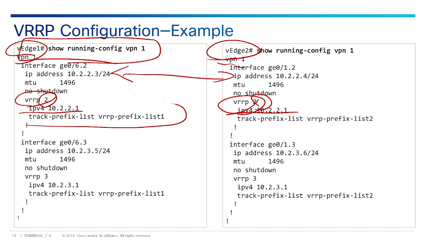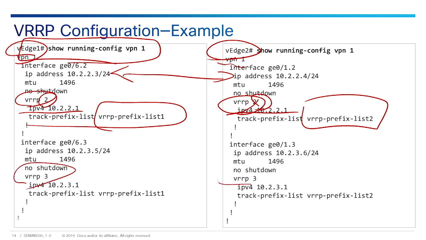We're both tracking this prefix list. Okay? And I don't see the prefix list in the config here. They didn't grab it. Anyway. And obviously, we are also running another VRRP instance on another interface. So we've got two separate interfaces with two separate subnets. We're running both. And we're both advertising and making sure that that list is running.